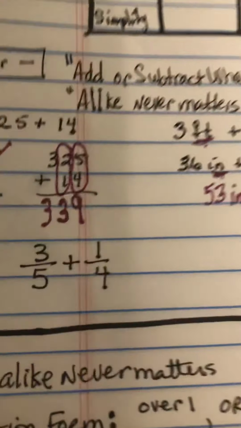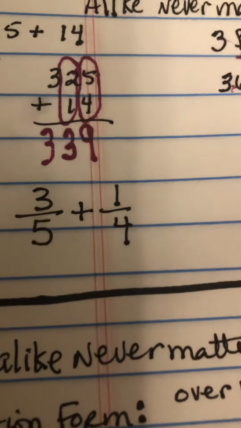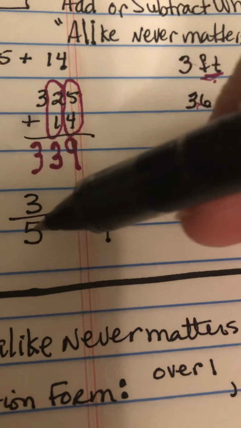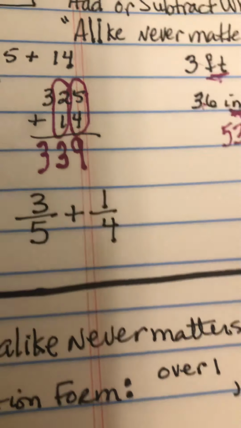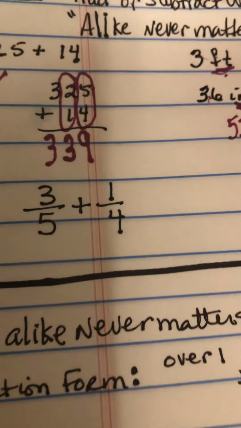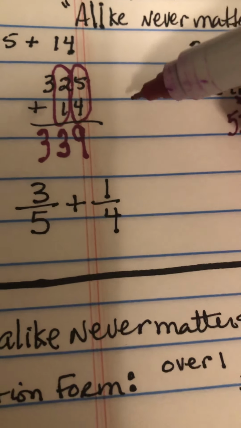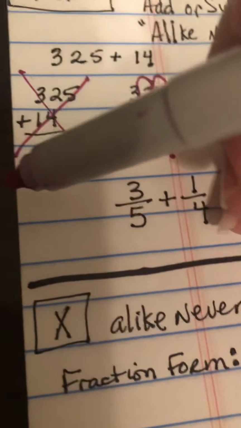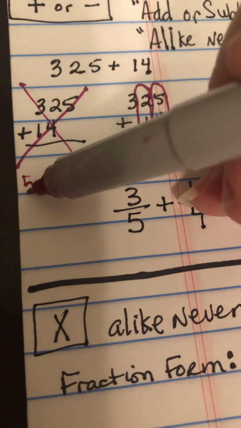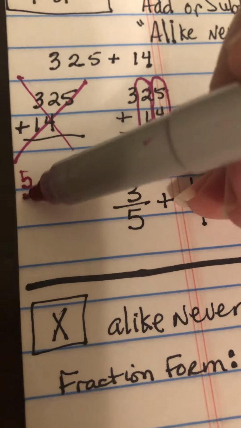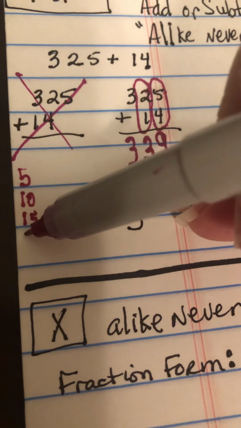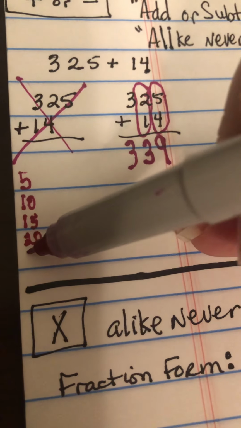So here's a problem where we don't have the common denominator. And so what we want to do is ask ourselves, what would the common denominator be? Well, one way to find a common denominator, there's lots of ways to do this, okay? But we could list the multiples of 5, like 5 times 1, 5 times 2, 5 times 3, 5 times 4, 5 times 5.